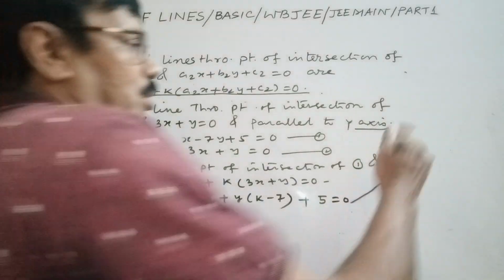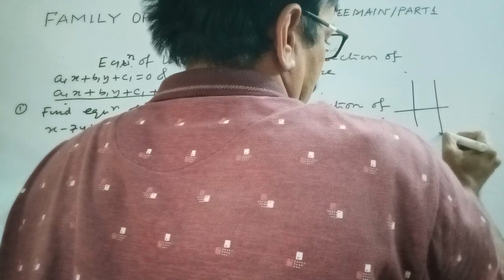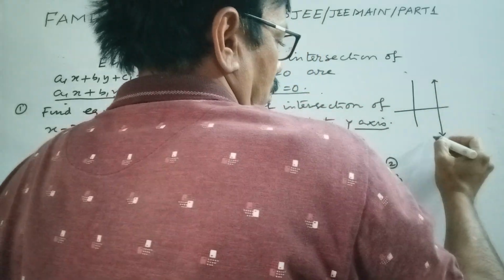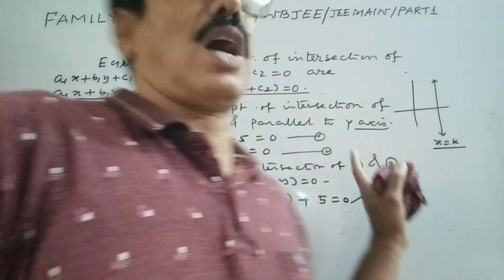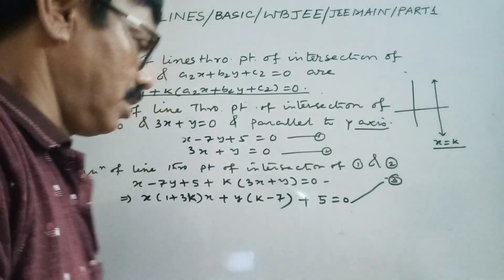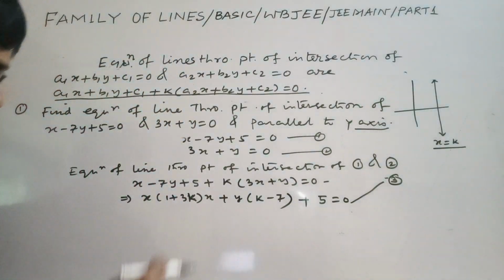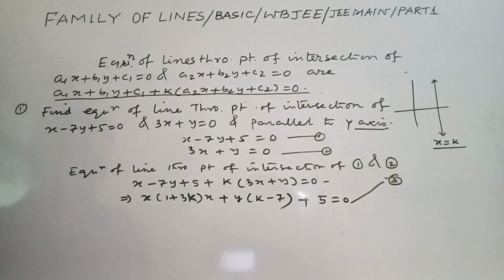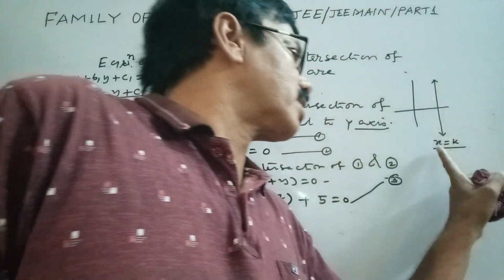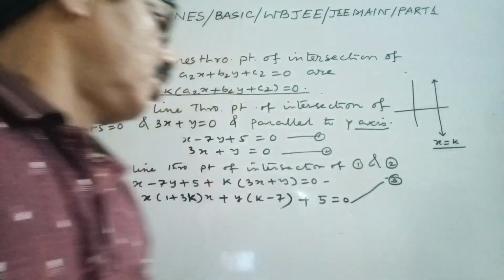So you know the equation of a line parallel to the y-axis is of the form x equals k. That is, there is no term involving y. So if this represents the equation of a line parallel to the y-axis, the coefficient of y must be 0.